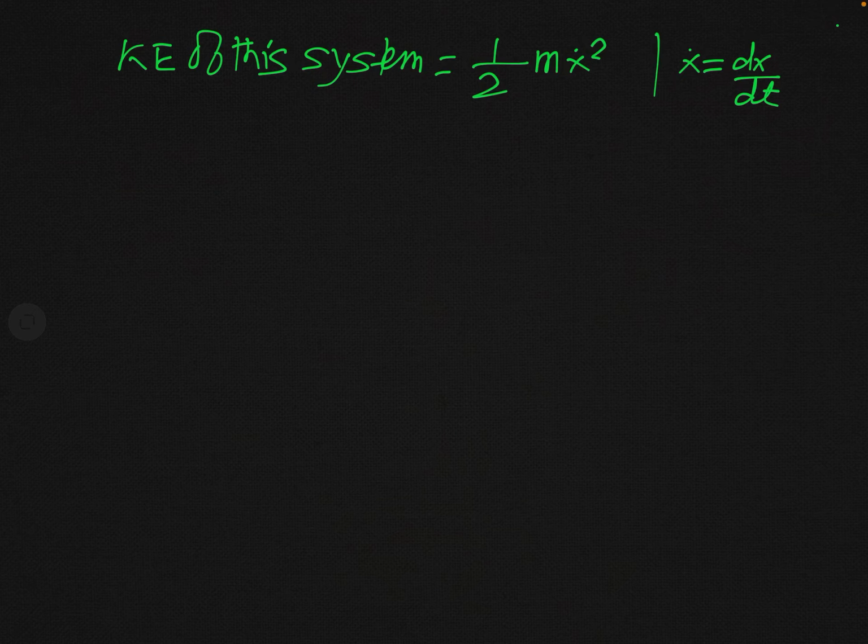And as the motion of the block takes place on the horizontal surface, its gravitational potential energy may be taken as constant, because there is no change in the height of the object, and for convenience we take it as 0.